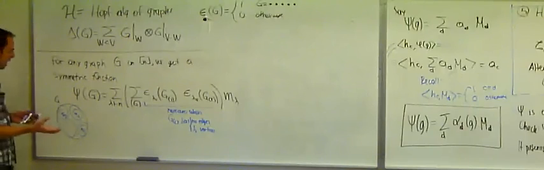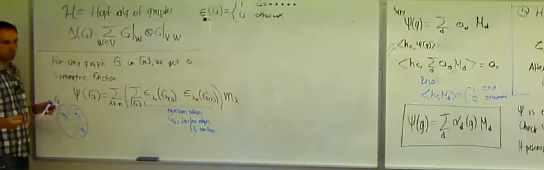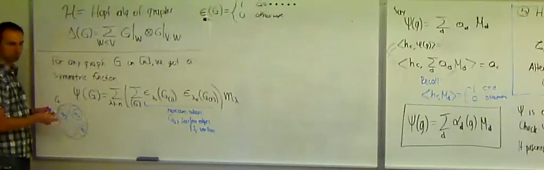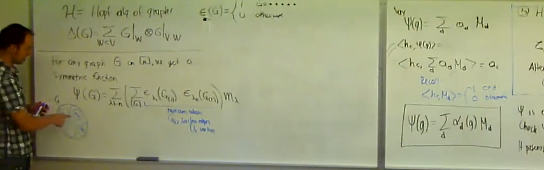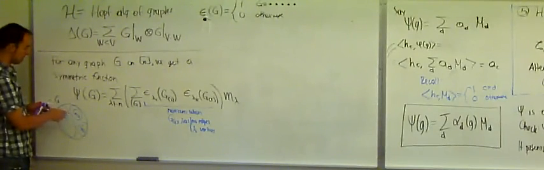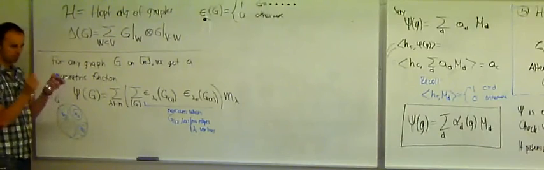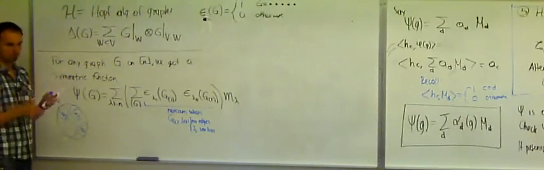So what am I doing? I'm just taking my graph and cutting it up into pieces where the ith piece has to have lambda i vertices, and each piece cannot have two vertices that are connected.